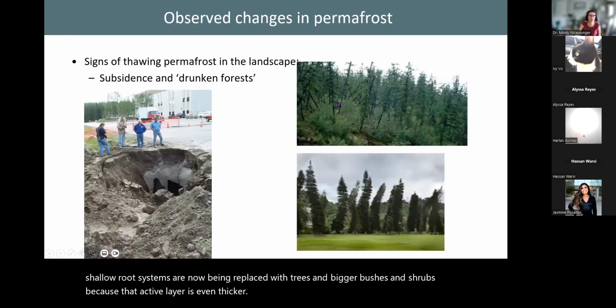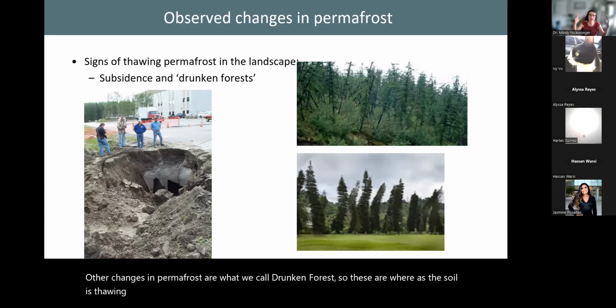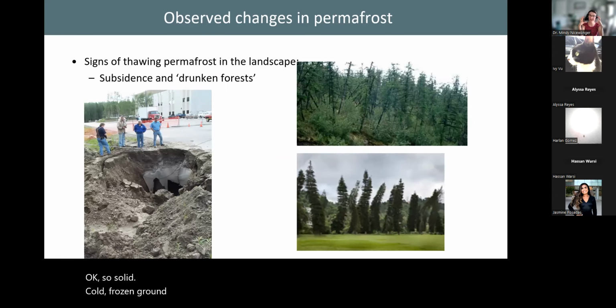Other changes in permafrost are what we call drunken forests. These are where, as the soil is thawing and you get that liquid water, it starts to move a lot. Solid, cold, frozen ground is pretty stable, like an ice cube.